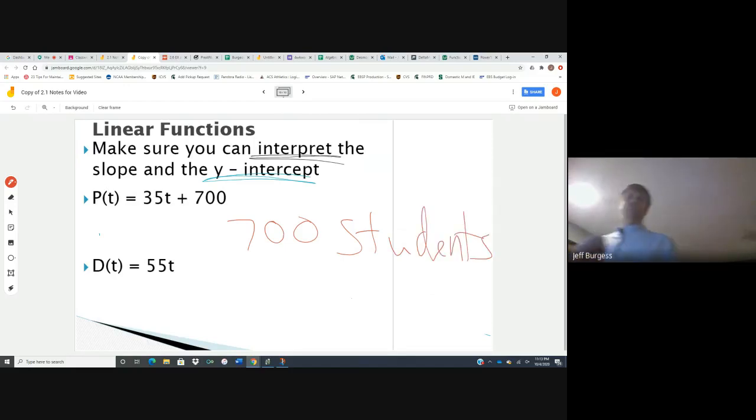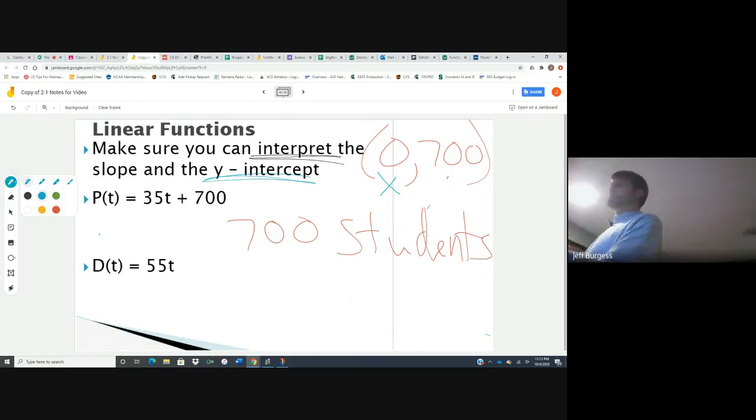What do you mean 700 students when? Remember, the y-intercept is a point, right? It's (0, 700). So when you are interpreting that, you got to make sure you're talking about both the x and the y, both the input and the output.